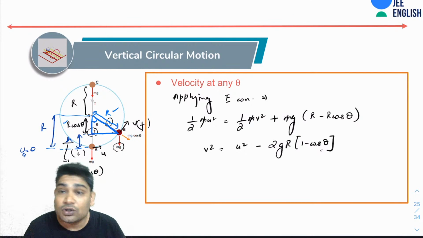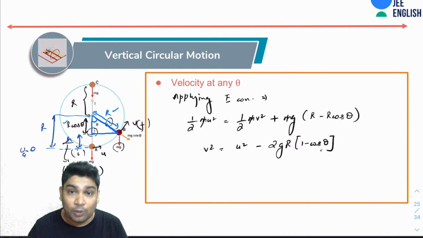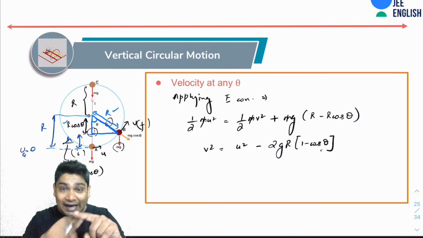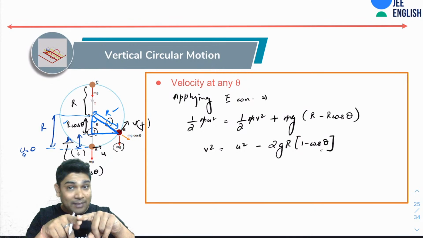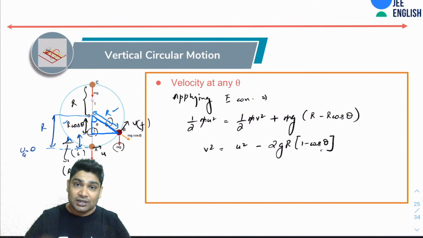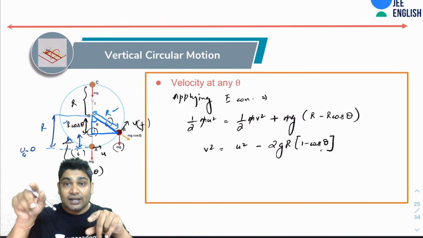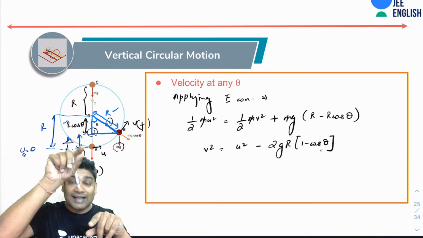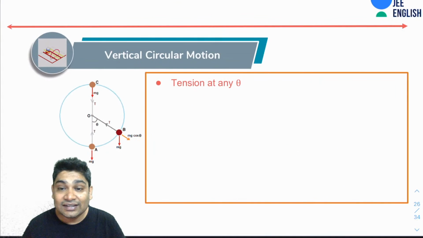So from this expression, v would be minimum at the top, which makes sense, because that is where it has the maximum potential energy, and the maximum loss of kinetic energy has happened. As it is rising up, it is losing kinetic energy and gaining potential energy. It will have maximum potential energy at the top, and that is why it has the minimum speed at the top. Okay, so that is one expression that I got.